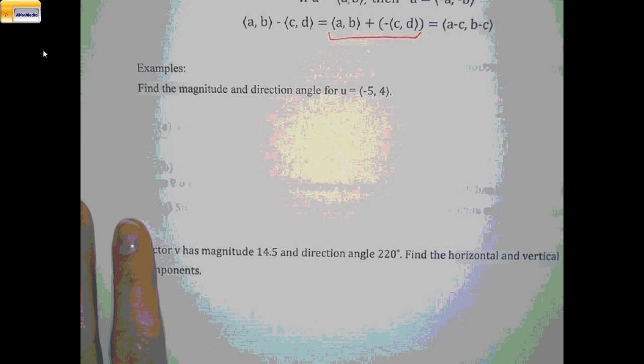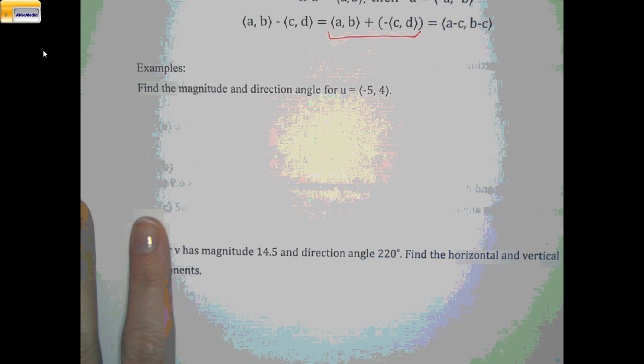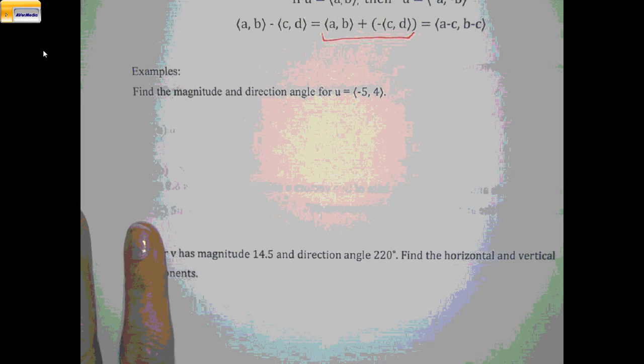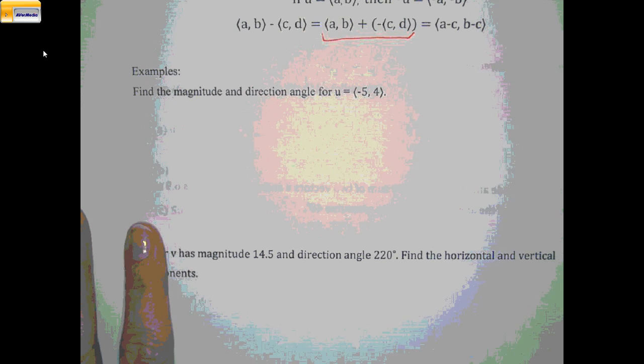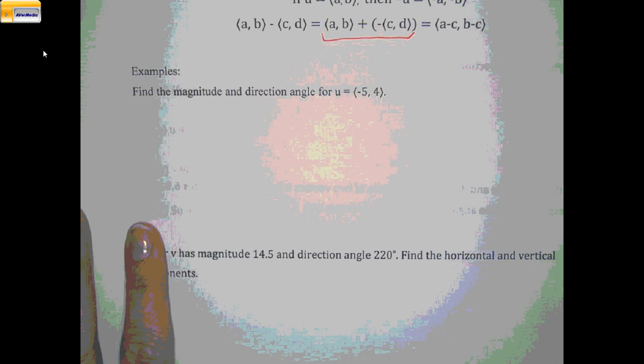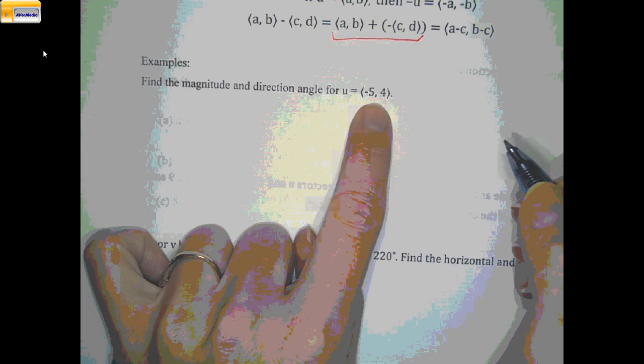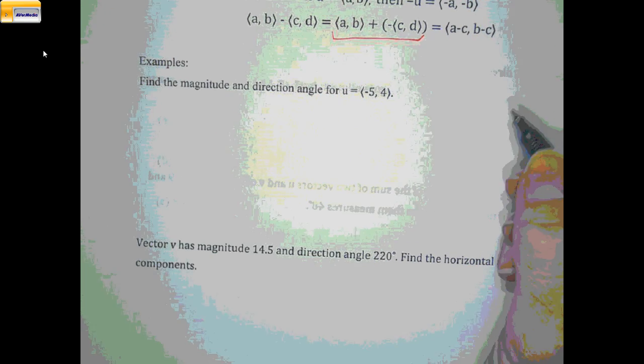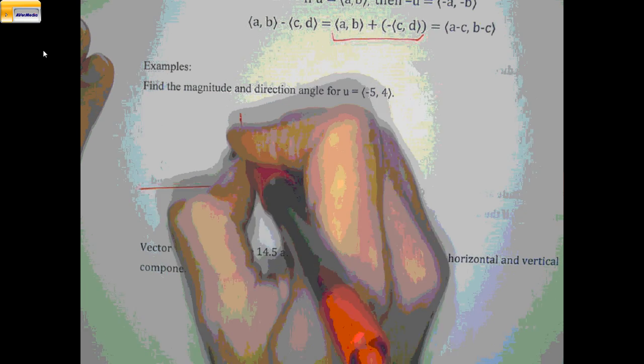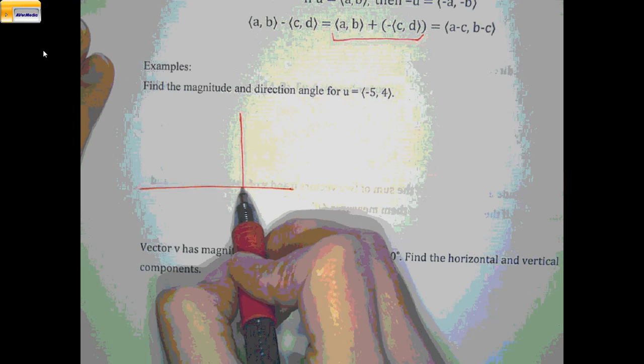All right, let's scooch down. Now we're on examples. That was all of the precursor stuff. Here's what we do. This is to find the magnitude and direction angle for vector u, and here's the terminal point, basically, if you want to think of it like that. So let's draw it. It's going to be in the second quadrant where we go back 5 and up 4.